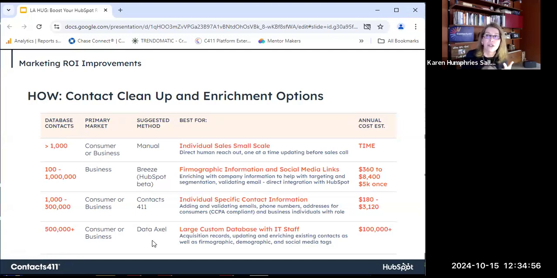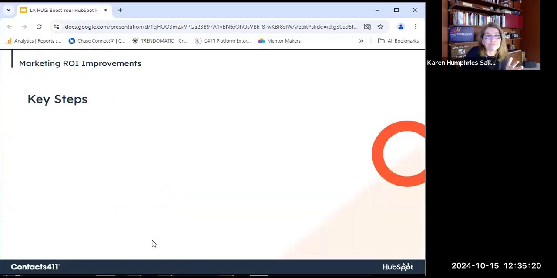There's Apollo and Zoom, and there's Rocket Reach. Those are much more focused though on actually acquisition and scraping. And they're not as focused on like the tight matching to the data that you have. And so that's why I put in HubSpot Breeze here over those as well. But I'm happy to talk about those too, because it really depends on what you're trying to do.